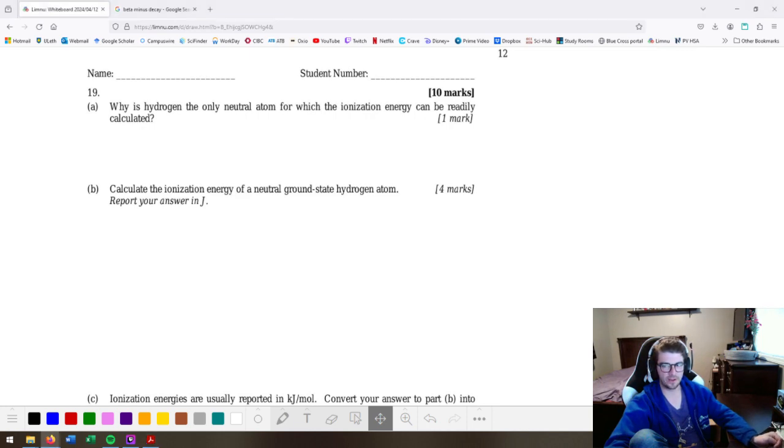So the issue with calculating ionization energies is that if you have more than one electron, then you've got a multivariate system, which is to say that there's forces between the nucleus and one particular electron, and there's forces between the other electrons and your electron of interest. And this plays into, if you've seen on Netflix, the three-body problem.